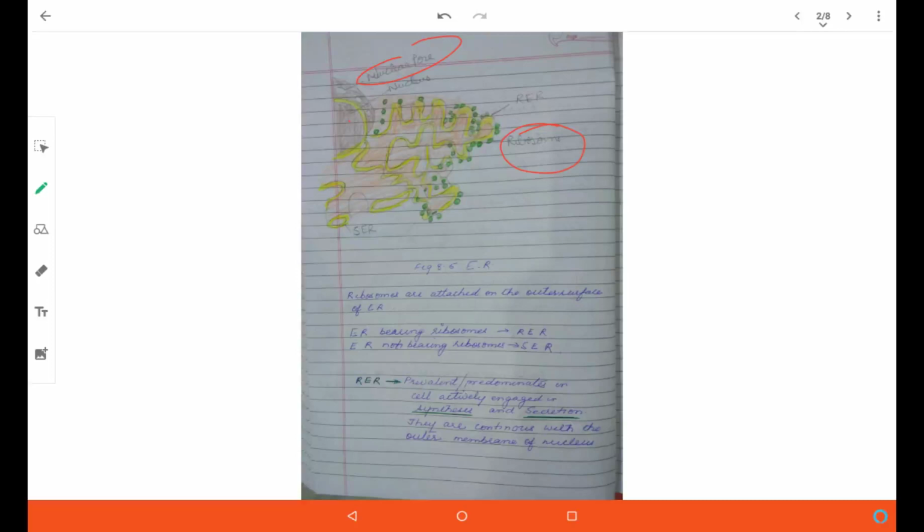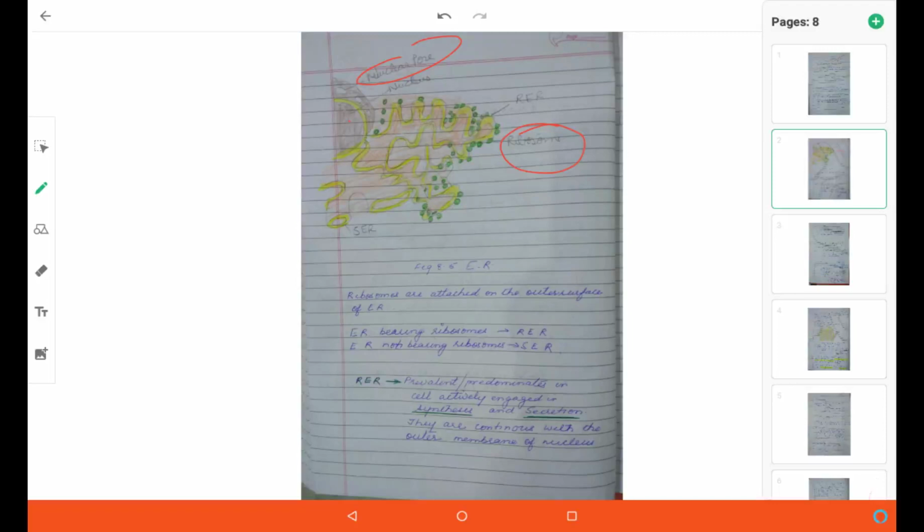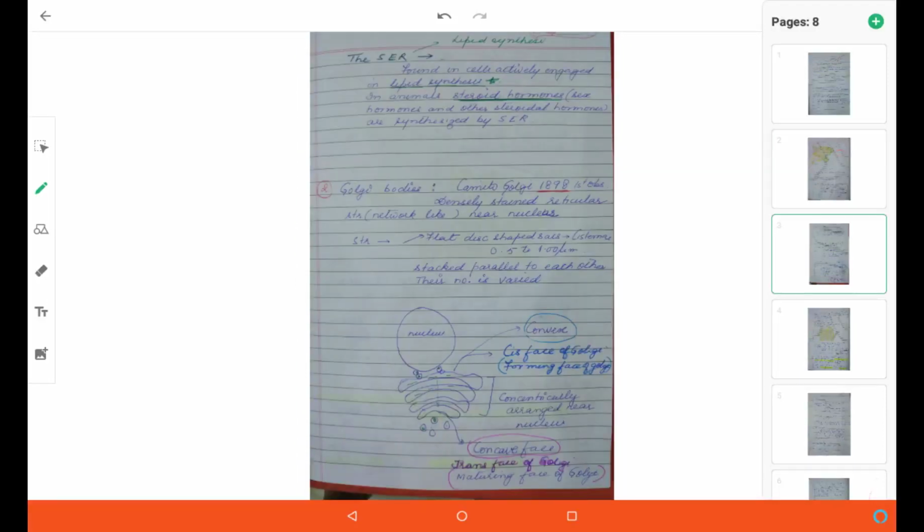The rough endoplasmic reticulum, which is laden with ribosomes, is predominant in the cells which are actively engaged in synthesis and secretions. Then the smooth endoplasmic reticulum is devoid of ribosomes, therefore it doesn't get involved in the activity of protein synthesis.